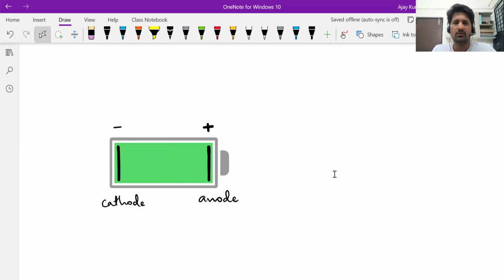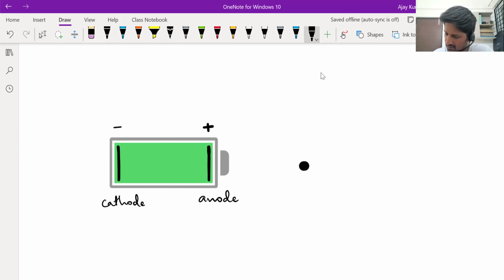Have you heard of something called anode potential, cathode potential? No. Okay, fine. Actually that is chemistry. But from what I remember, when the anode reacts with the electrolyte around it, it gains a certain amount of extra potential than the electrolyte. So let's take it this way.